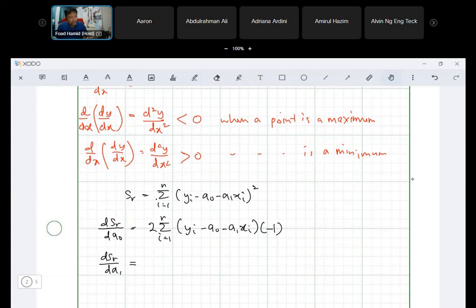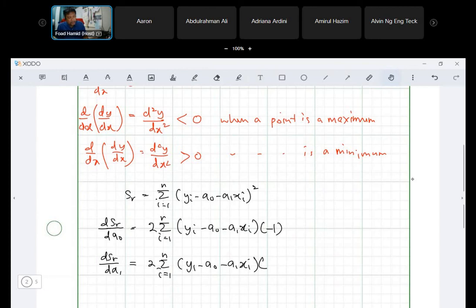Now let's do the differentiation with respect to a1. Again, there's a 2 here, so 2 times the summation from i equal to 1 until n of (yi minus a0 minus a1 xi). Now, using the chain rule, we need to differentiate whatever is inside with respect to a1.